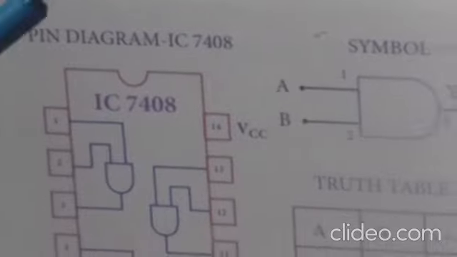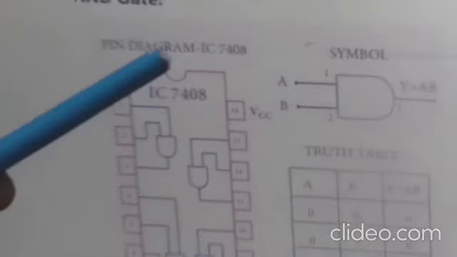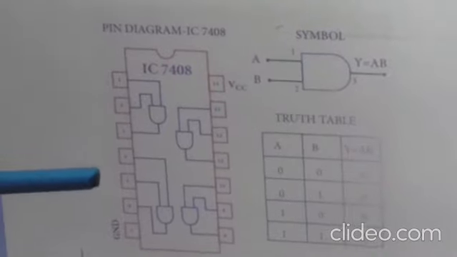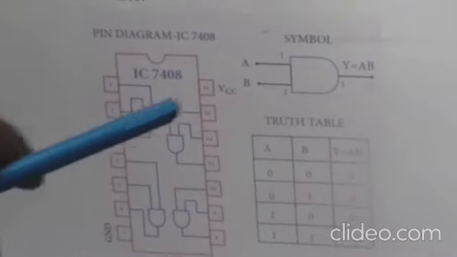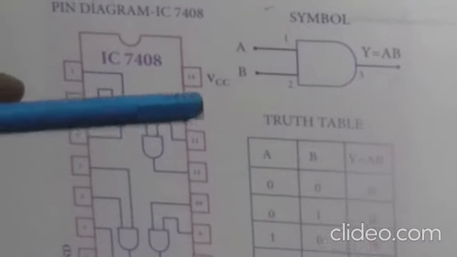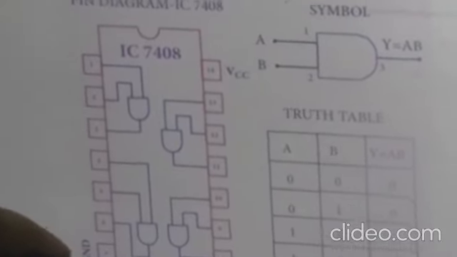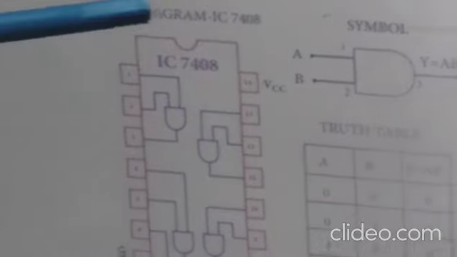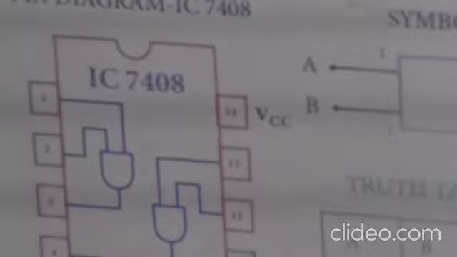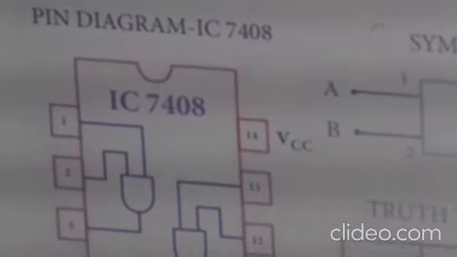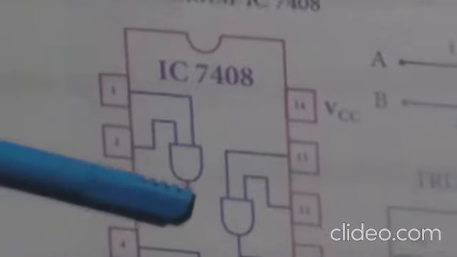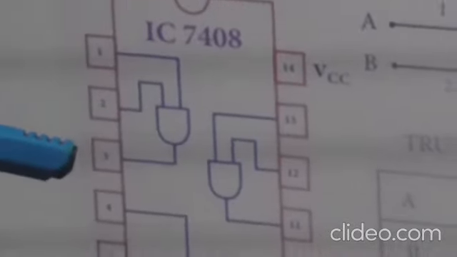If you see the IC diagram, a total of 14 pins are there, with two sides: one side contains 7 pins, the other side contains another 7 pins. Here 2 inputs are required, as our gate is a 2 input AND gate. That's why pin number 1 and pin number 2 are for input and pin number 3 is for output.